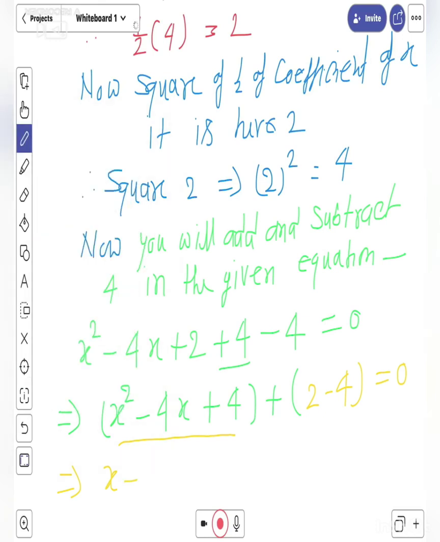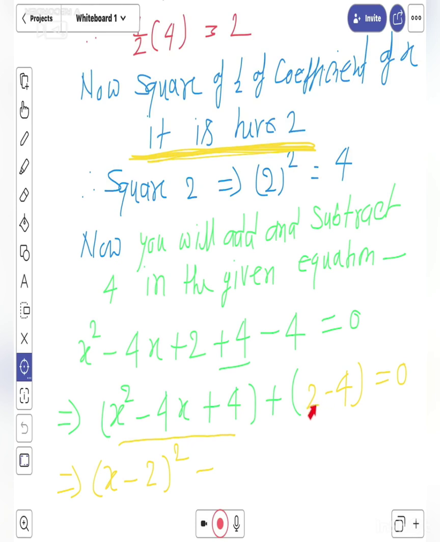Keep in mind. Then you find the half of the coefficient of x and write this number, that is minus 2, into the whole square.